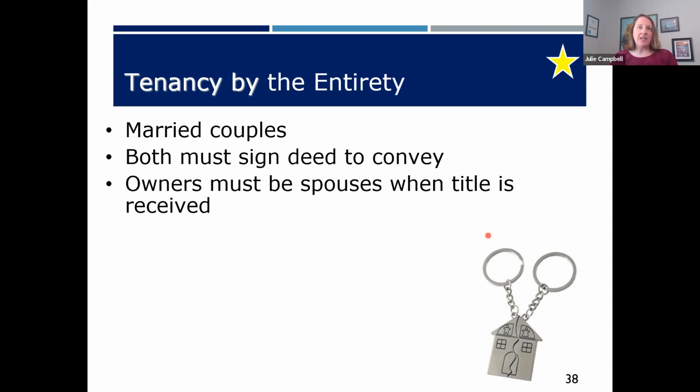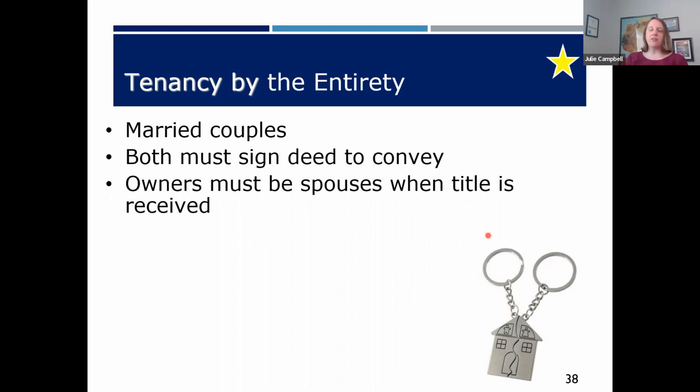The act of getting married does not create a tenancy by the entirety. What creates a tenancy by the entirety is you're married when you take title. So if you each own property in severalty, and then you get married, that's where that marital life estate kicks in. The act of getting married. So tenancy by the entirety is for married couples.